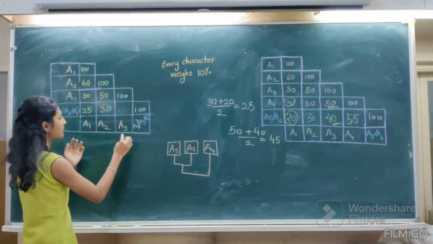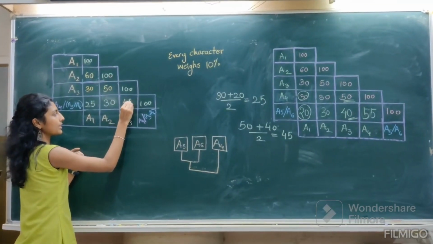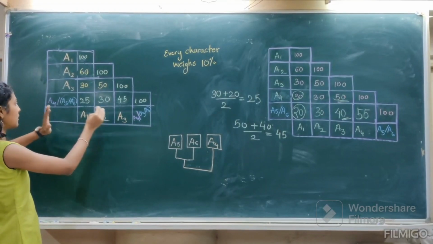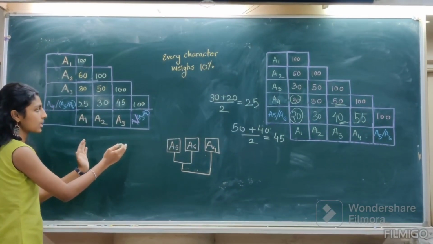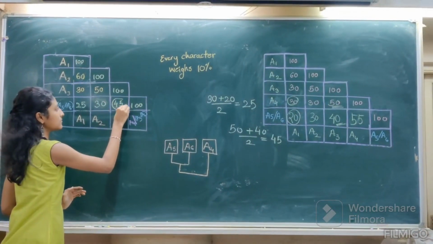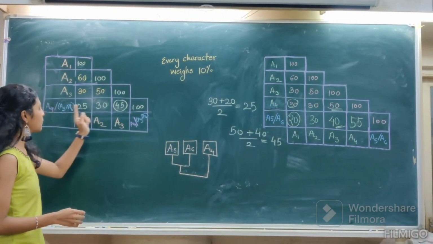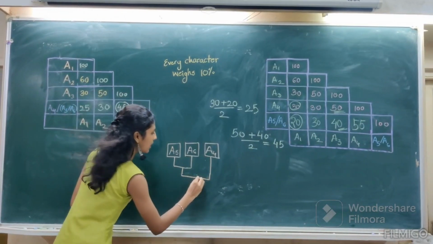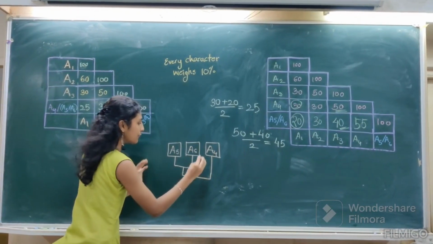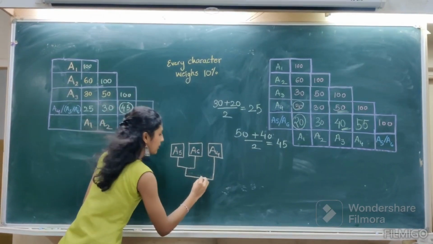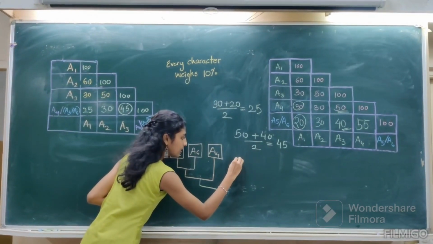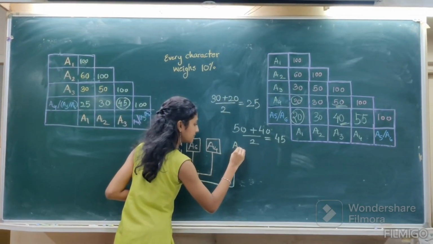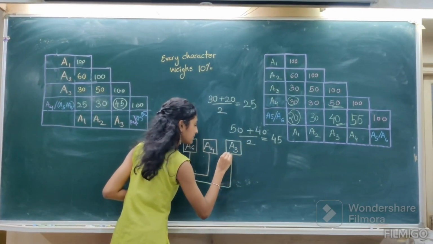So your A3 is the most similar to your A4, A5 and A6, as the similarity percentage is the most when compared with A1 and A2. So now, again, another branch will result from this phylogenetic tree, which will evince your A3.